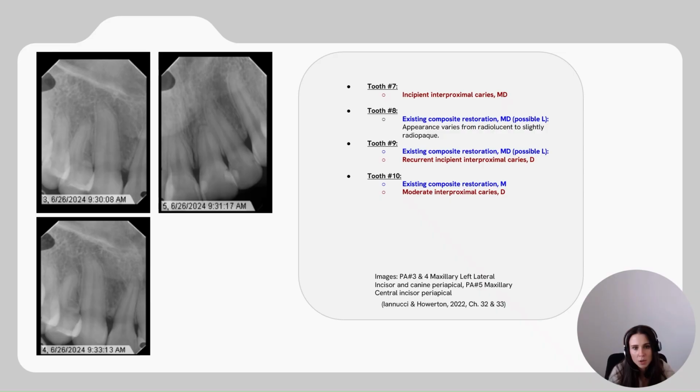For tooth number 9, there's existing composite restoration on the mesial, distal, and possibly lingual, so that one will also want to be clinically checked. On that same tooth, there's recurrent incipient interproximal caries on the distal surface. For tooth number 10, there's existing composite restoration on the mesial surface and moderate interproximal caries on the distal.